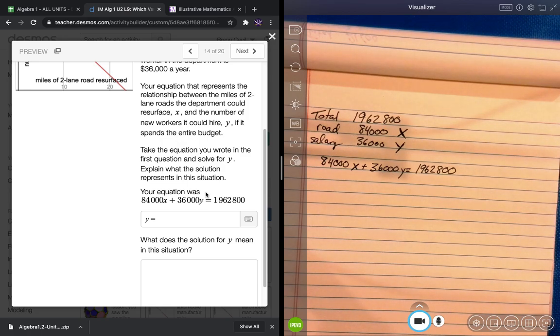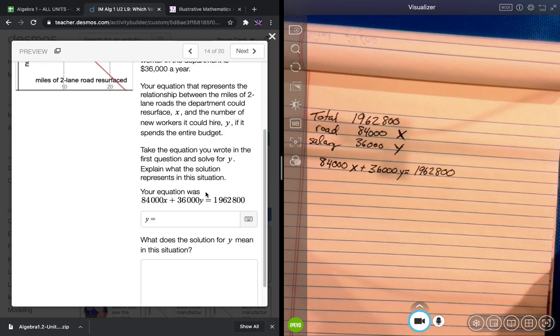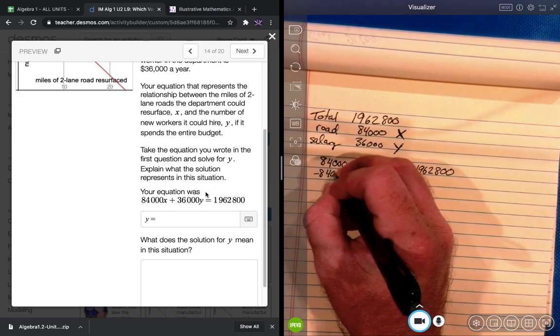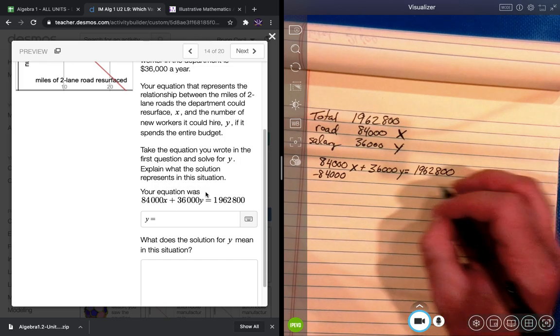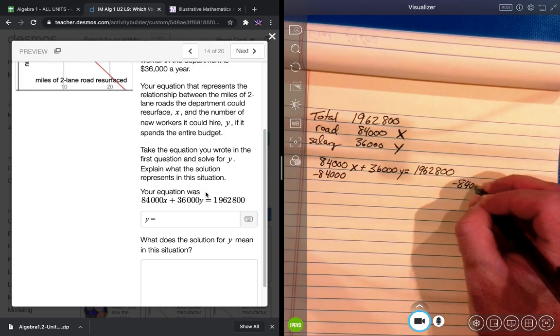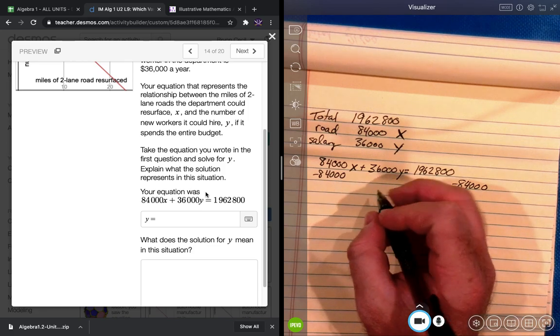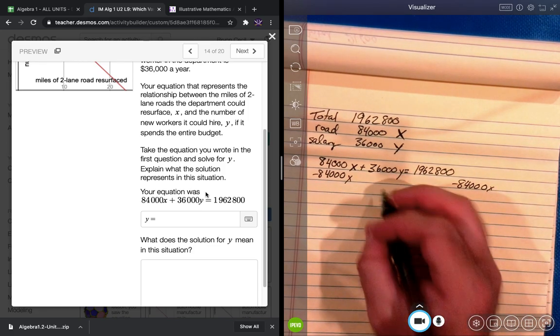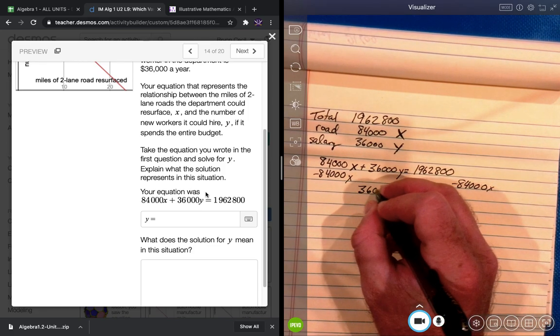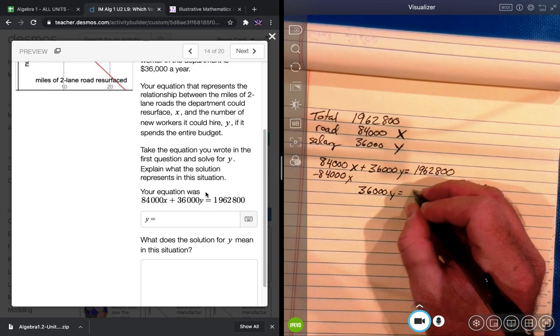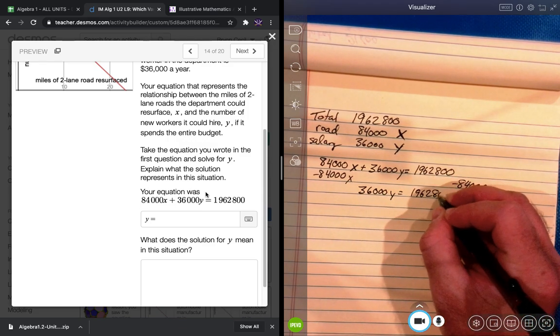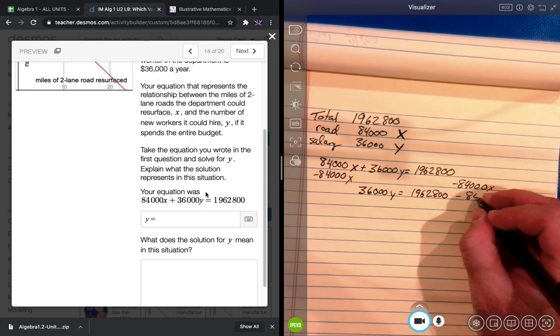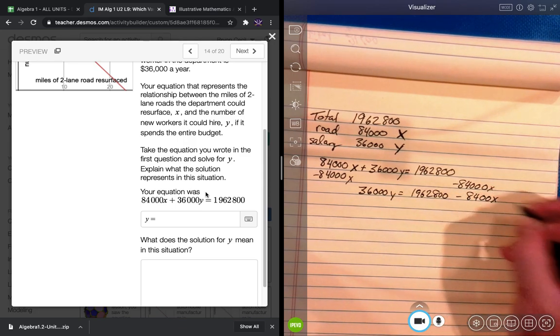So now, guys, it's taking what you wrote in the first equation and solve for y. All right, guys, so if I'm going to solve for y, the first thing we're going to do is move the x over. Okay, move that x over. So now I'm going to get 36,000y equals the 1,962,800 minus 84,000 times the miles that we have.